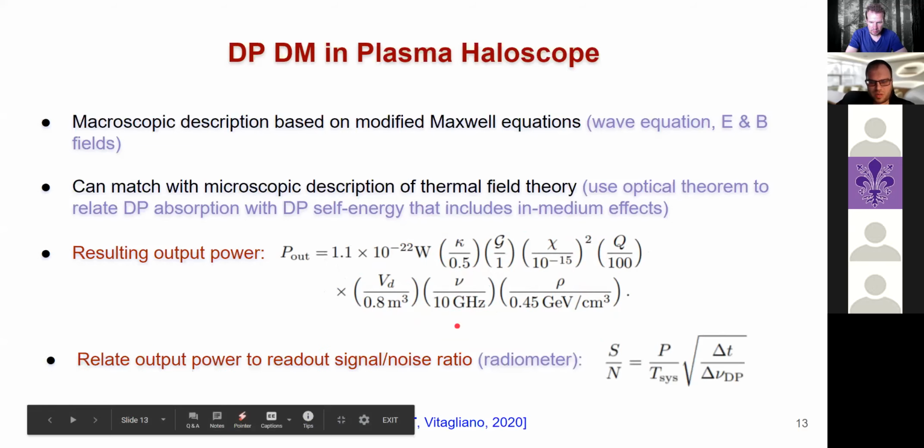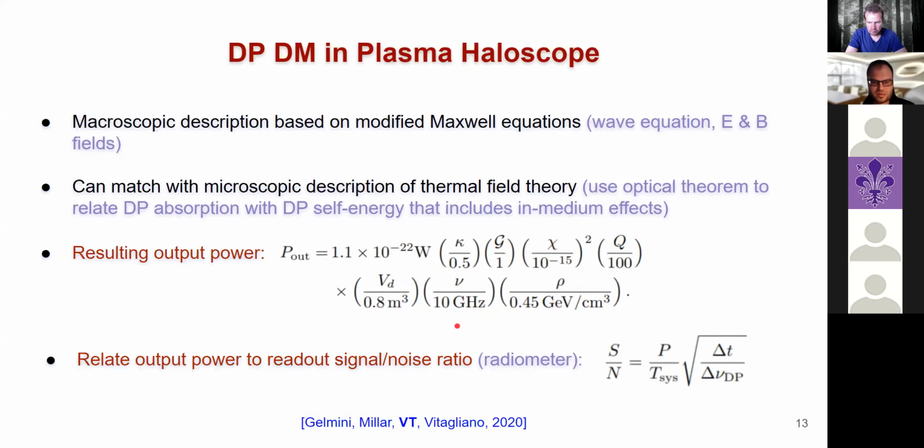Having obtained the power, you have to read it out, so you can relate the output power from this interaction to the readout signal to noise ratio through, for example, the Dicke radiometer equation, which is also a standard way of doing things for the cavity haloscopes.